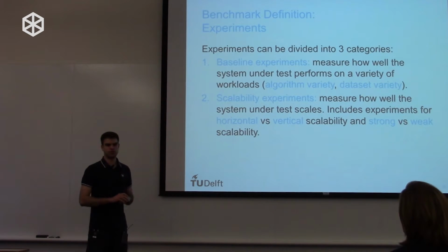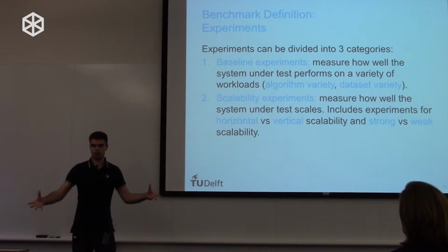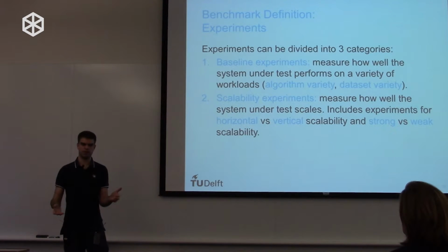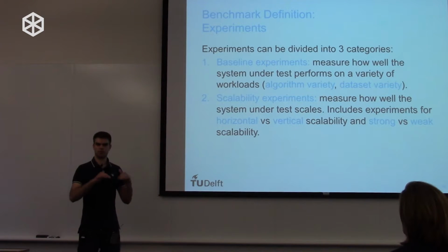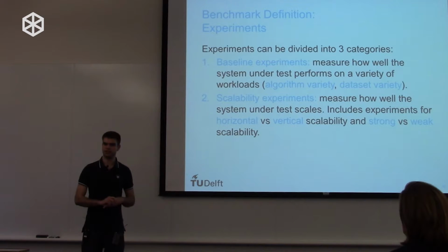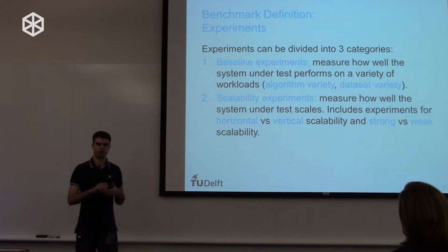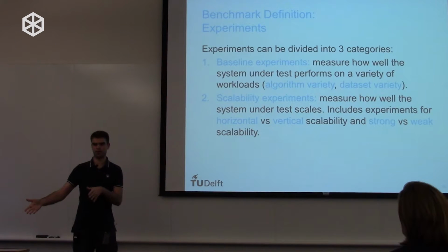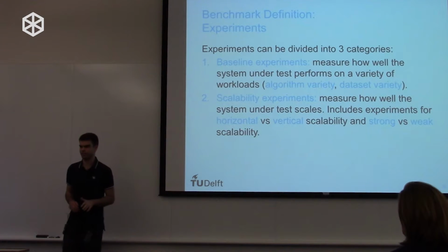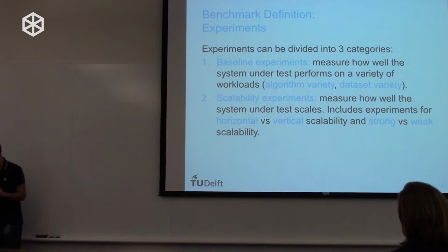And strong versus weak scalability. So either you add more resources but keep the workload the same and you hope to then decrease the processing time, or you keep the workload proportional to the size of your system, and then you of course hope that adding more machines means that this bigger workload still takes just as long, even though in practice that doesn't work.